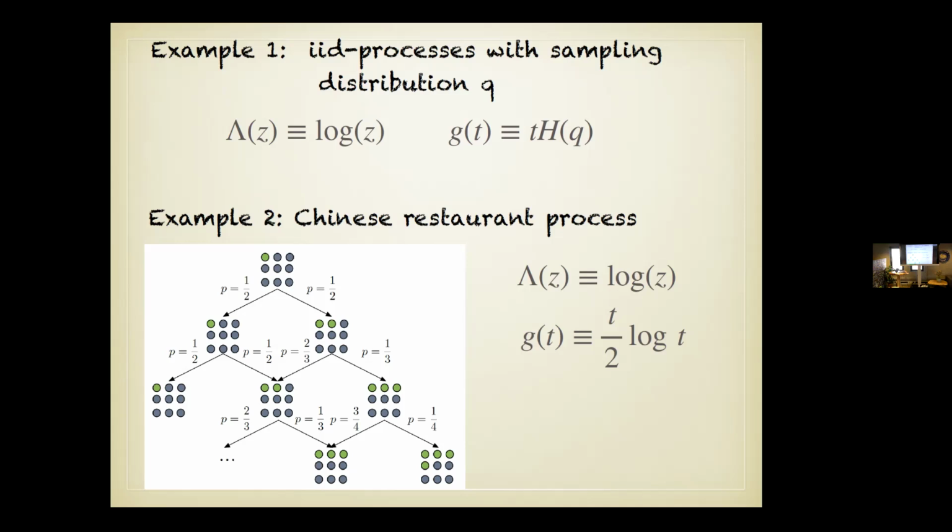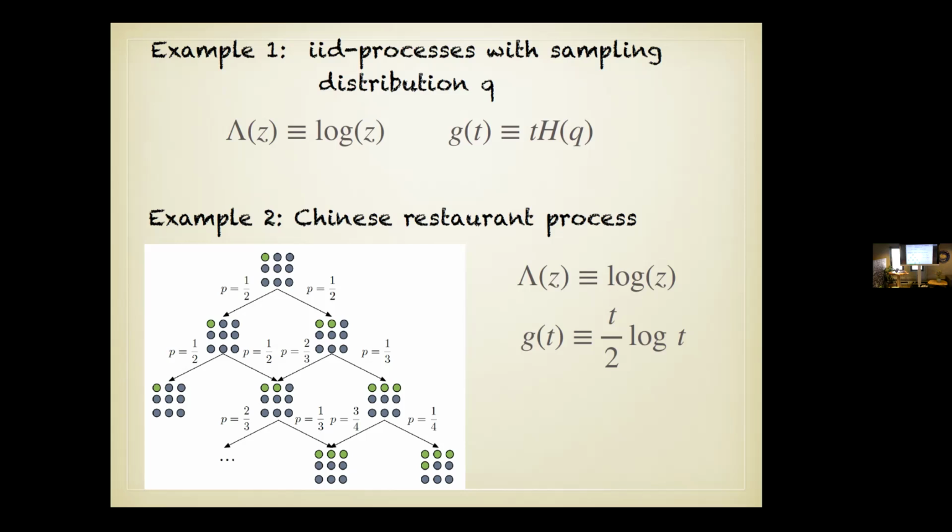You basically use that if you have p of x t minus 1, you can rewrite this in terms of p x t conditional on p x t minus 1 times p x t minus 1, and then you can make a telescope expansion, and if you take the log of this, you get the sum.